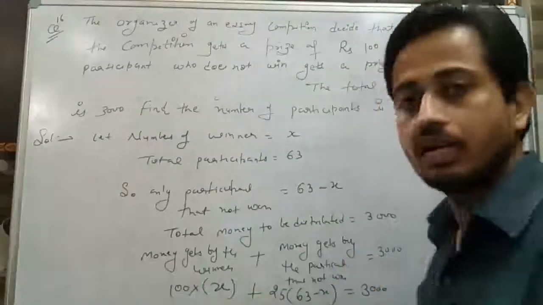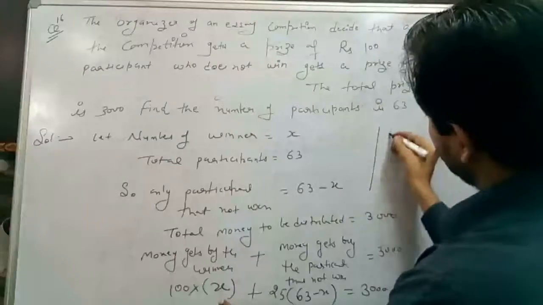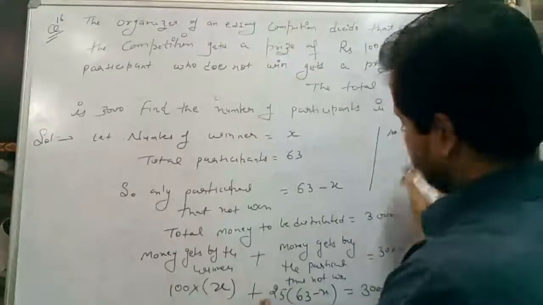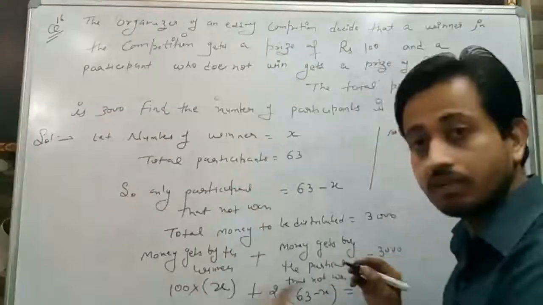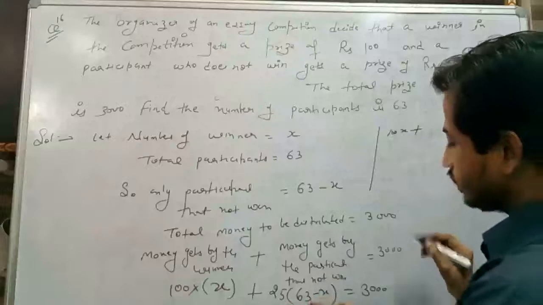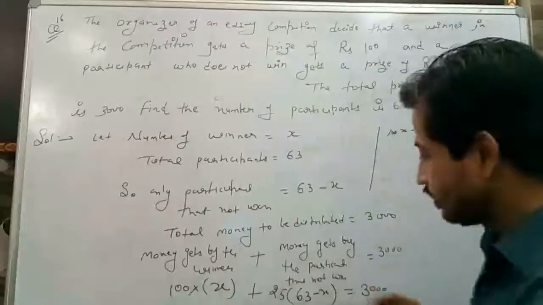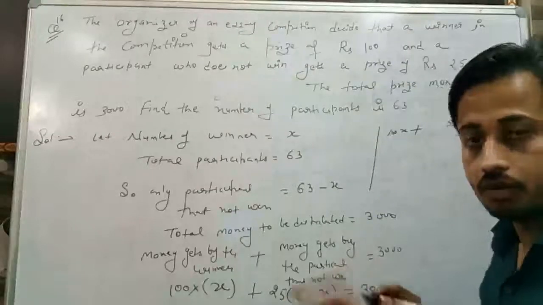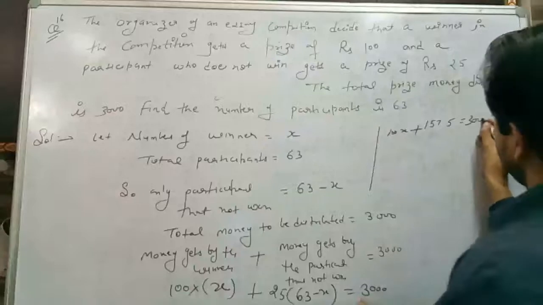Now solve this and you get the value of x. 100x plus, if we multiply 25 by 63, what do we get? Please solve this. 25 into 3, 75, carry 7, 25 into 6, 150, 157, which is equal to 3000.